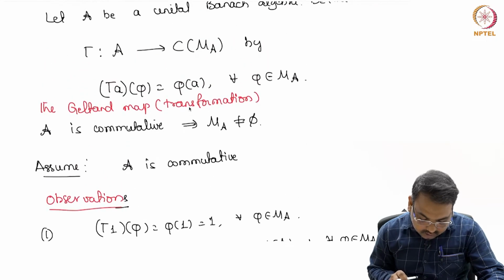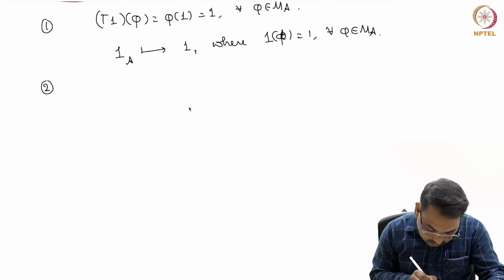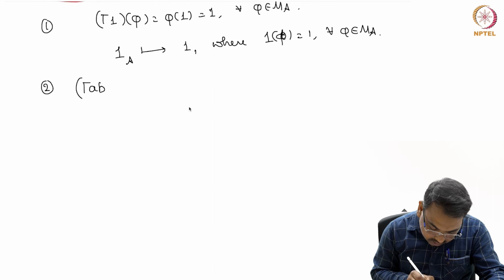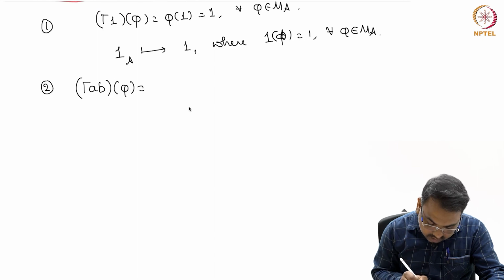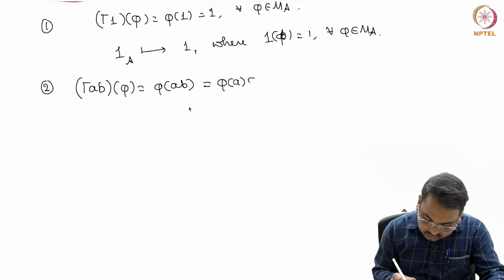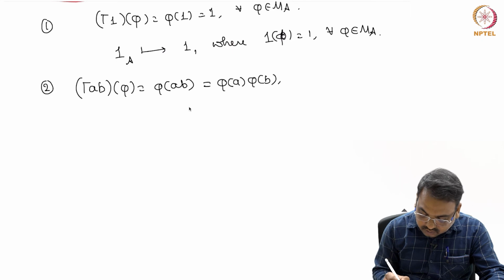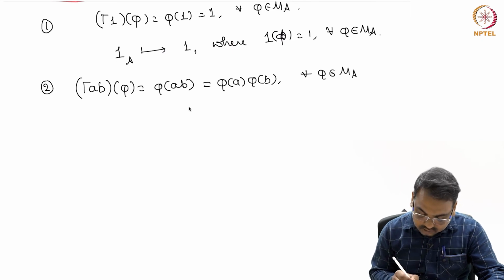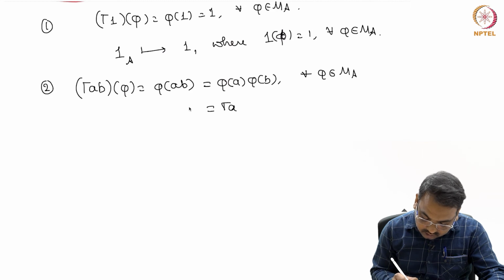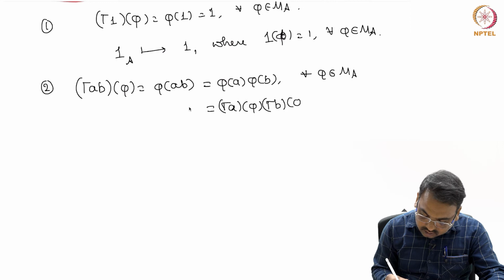So let us look at ab. So gamma_ab at phi is phi of ab. This is phi of a times phi of b, because phi is multiplicative, for all phi in M_A. So this is nothing but gamma_a acting on phi times gamma_b acting on phi.